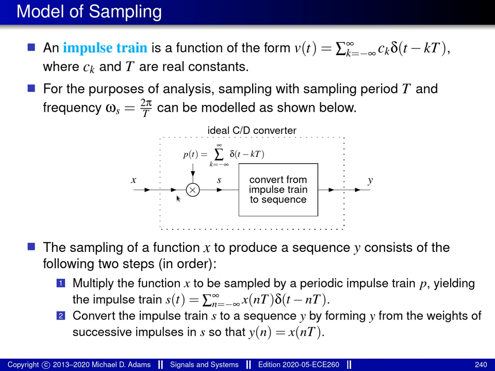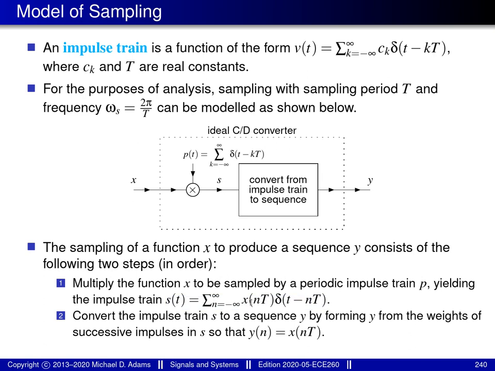The system that performs sampling in this model consists of two main processing steps. The first step is the step corresponding to this multiplier here, and the second step is the step corresponding to this block that's labeled convert from impulse train to sequence. So in the first step, we're multiplying the function x to be sampled by a periodic impulse train p, which yields the impulse train denoted by s, which is given by this formula here.